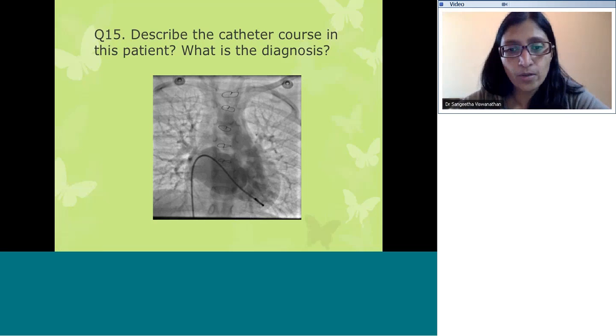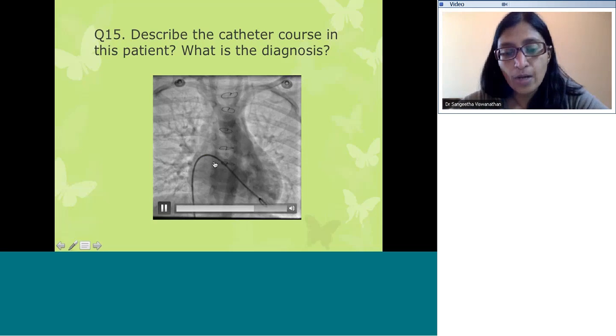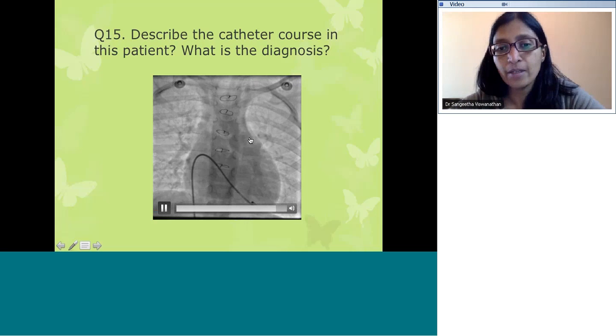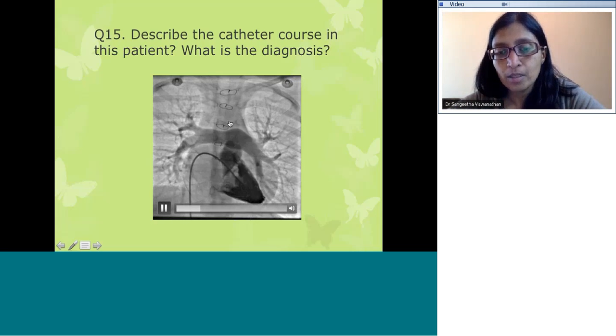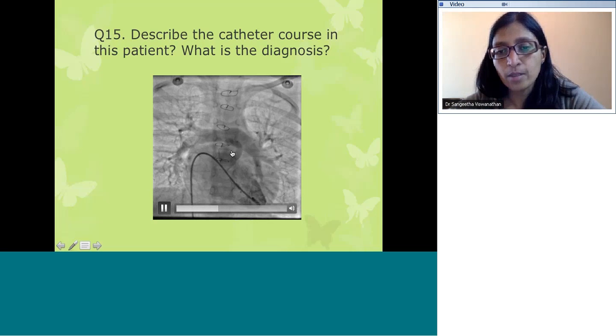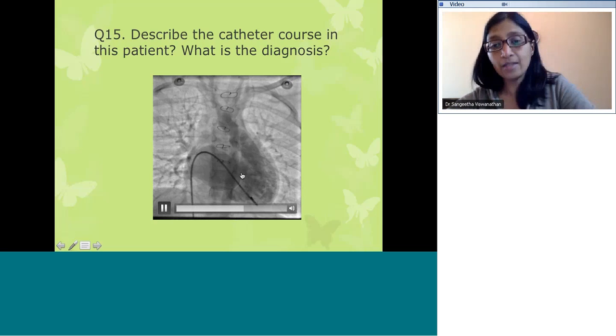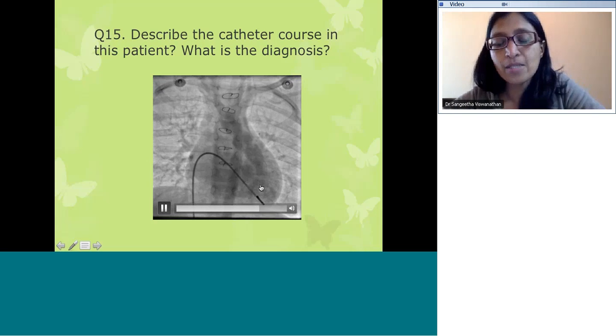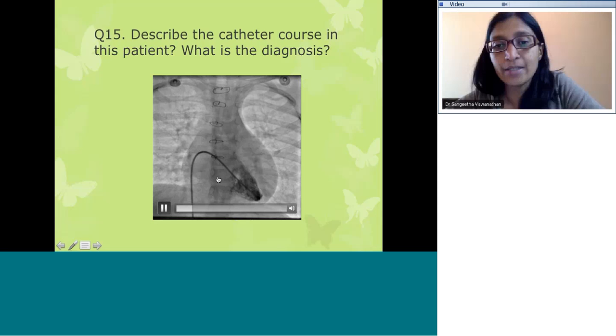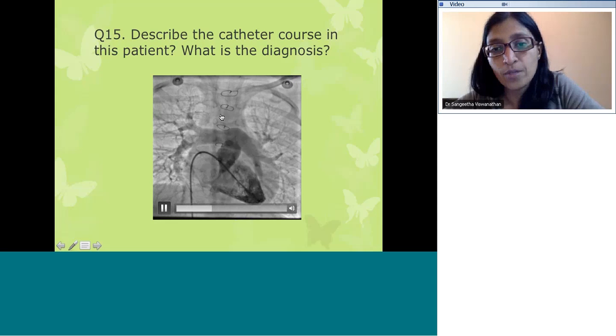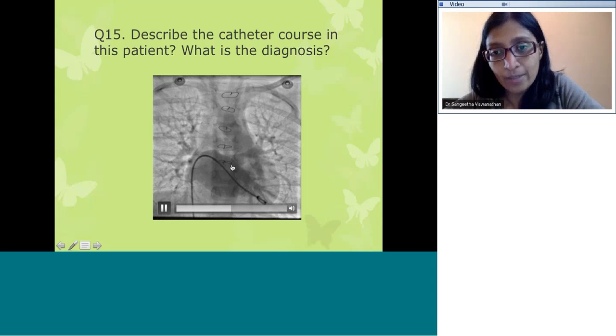Very good. So I saw an IVC into RA, into LV, into PA. So what is this? Yeah. So the anatomy is basically there is AV and VA discordance or congenitally corrected transposition. Obviously, you've noticed that there are sternal wires.